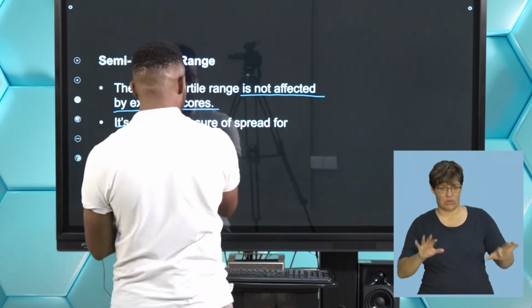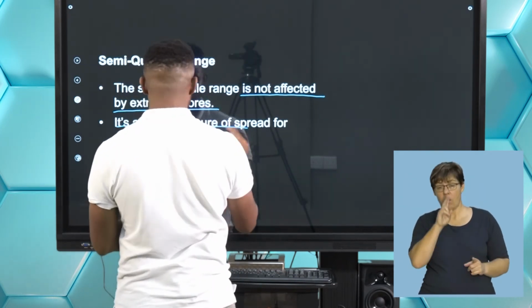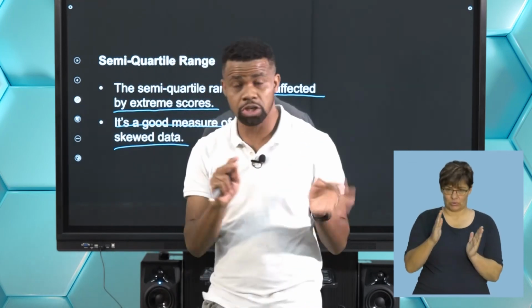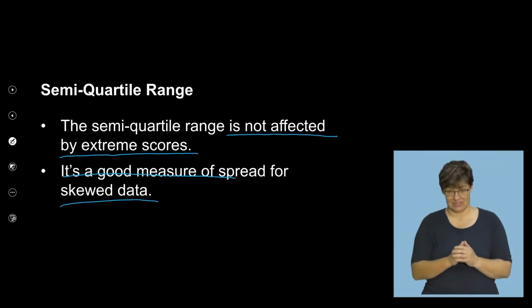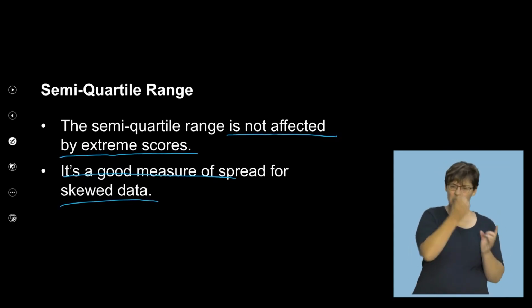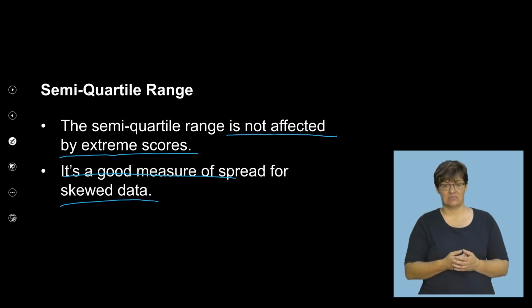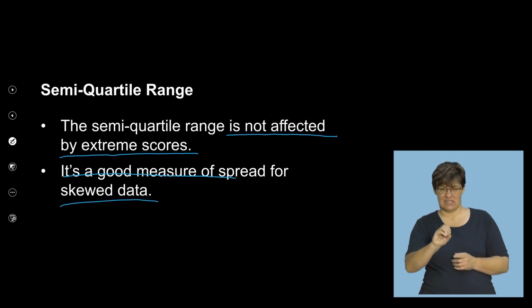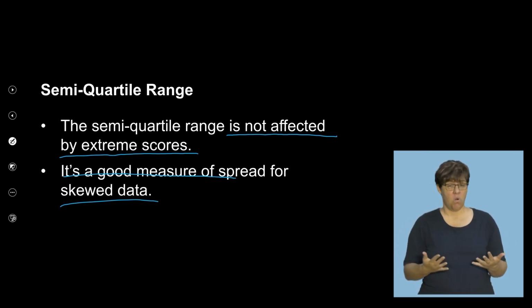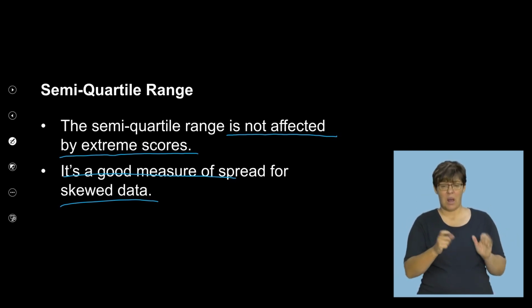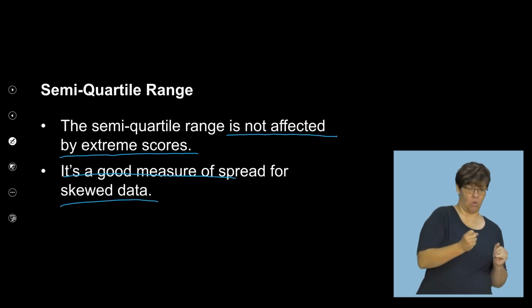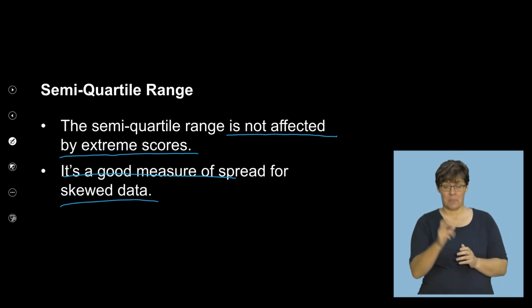It is a good measure of spread for skewed data. Remember, skewed data implies it can be skewed. Let's say the average is 50, but lots of people can be getting the 90s, or you can have lots of people getting lower marks, which is skewed to lower marks.